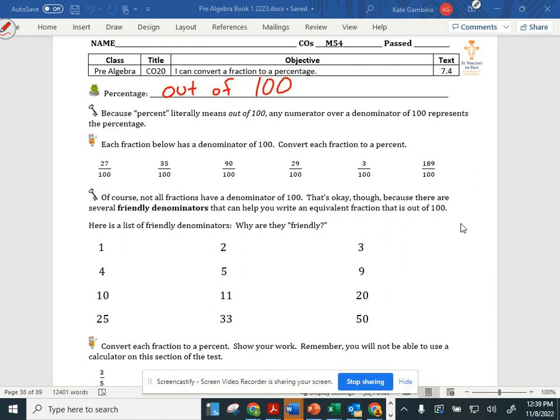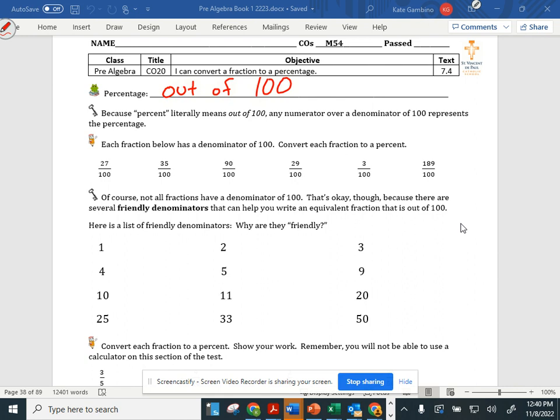So percent, centa in Latin, centa is 100. Percent is out of 100. All right, key thing to remember if you know your Latin roots: centi is 100. Centimeter is the 100th of a meter. Centi is important. So percentage is out of 100.